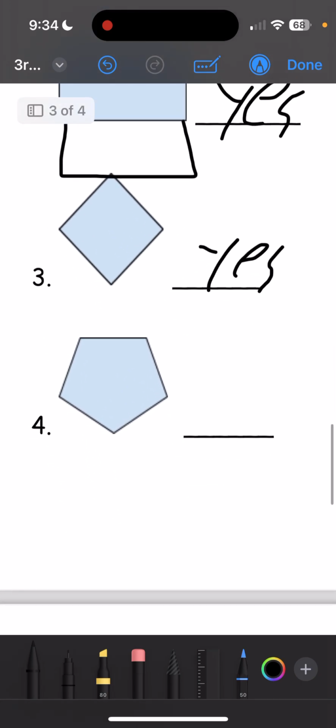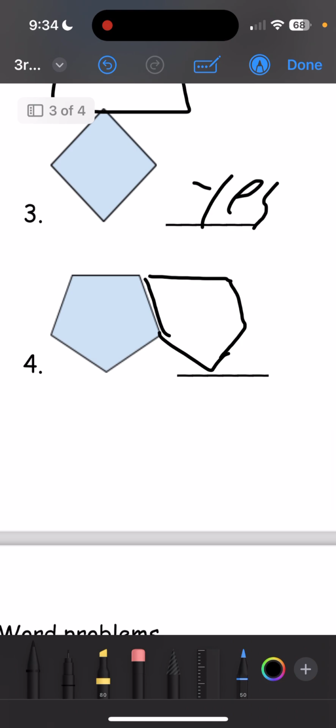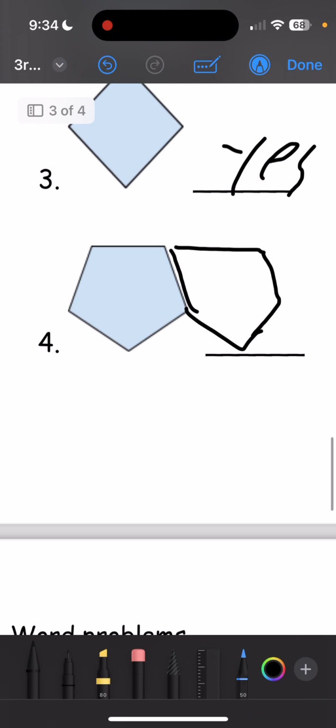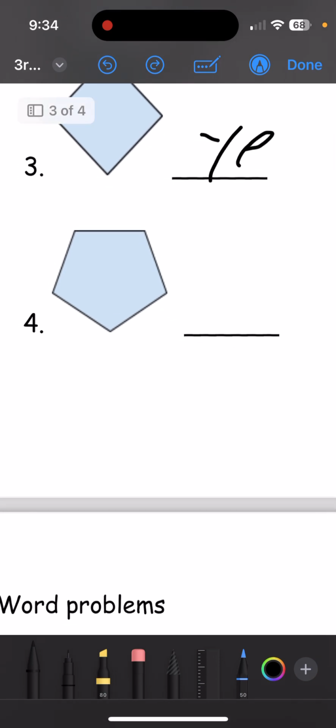Number 4, this is a pentagon, and it would come like that. However, when we do cover here, it would leave a gap just about right here.